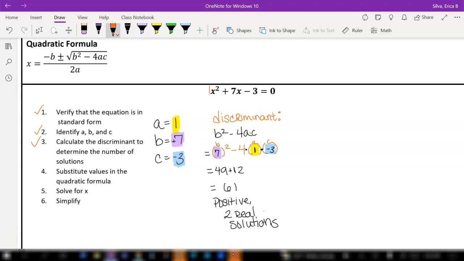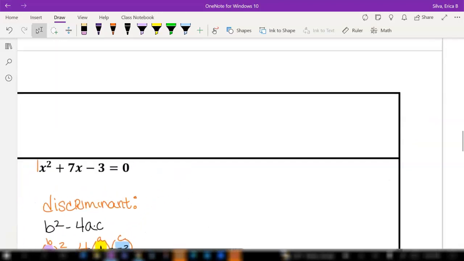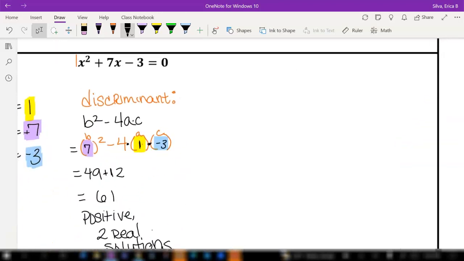Now that we know how many solutions we have, let's go ahead and use the rest of the quadratic formula. Substitute our values and then solve for x. So using our quadratic formula, we've got negative b plus or minus square root of b squared minus 4ac divided by 2a.